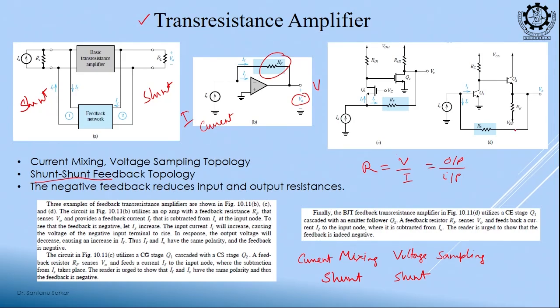Same way we can analyze this circuit also. Source is a current, okay. So, this branching is happening. So, IF, this feedback is also current, right, and this current is converted to this output voltage by this resistance RF.